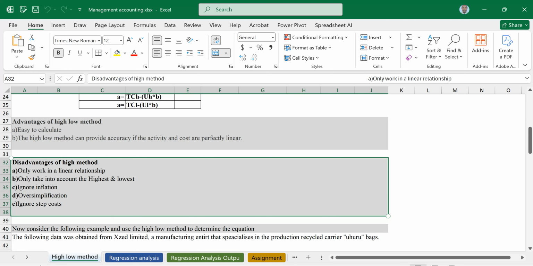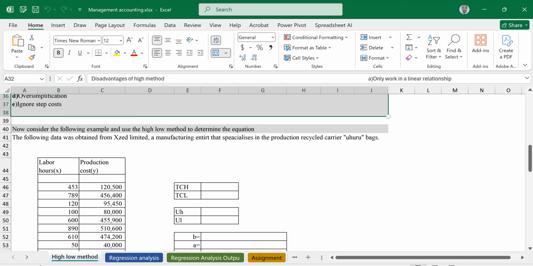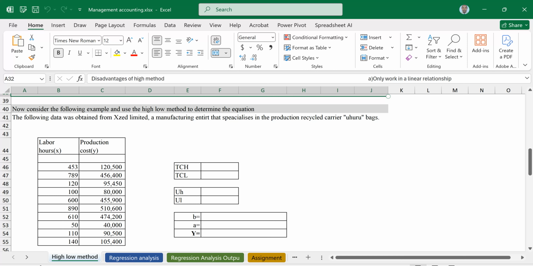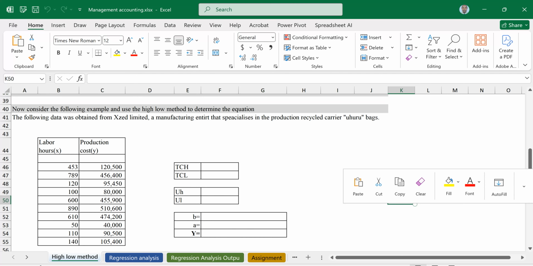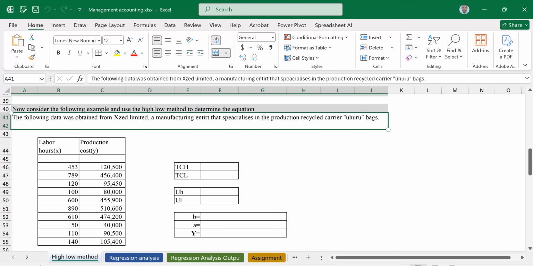Now we have an example that we want to use so that we can get the equation y is equal to a plus bx. Consider the following data. The following data was obtained from XZ Limited, a manufacturing entity that specializes in the production of recycled carrier Uhuru bags.